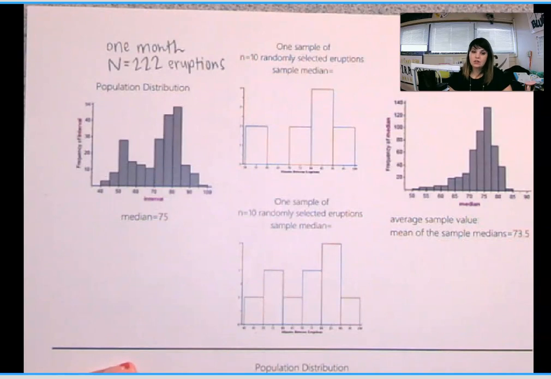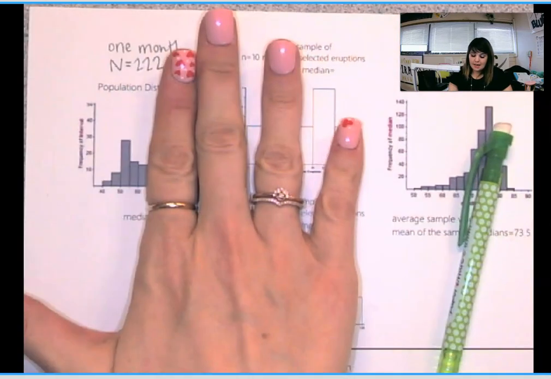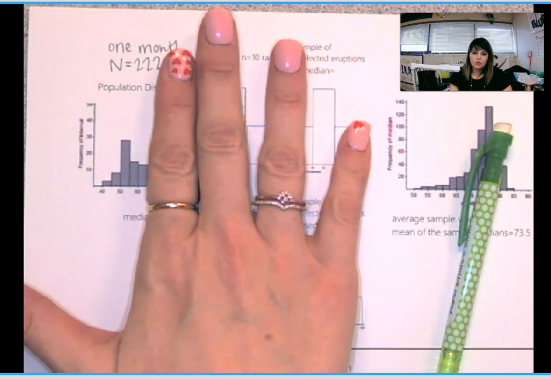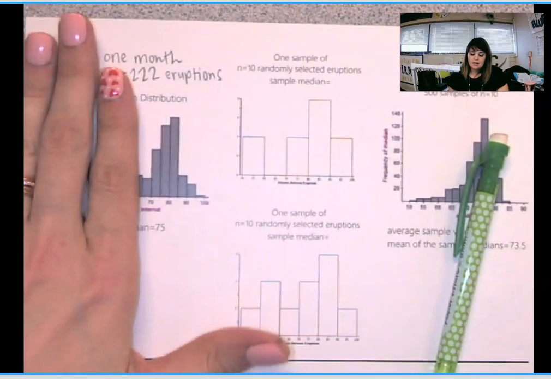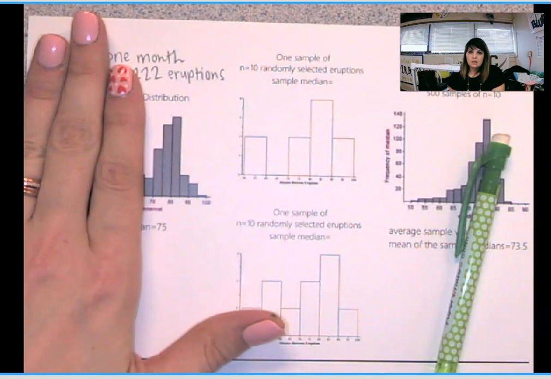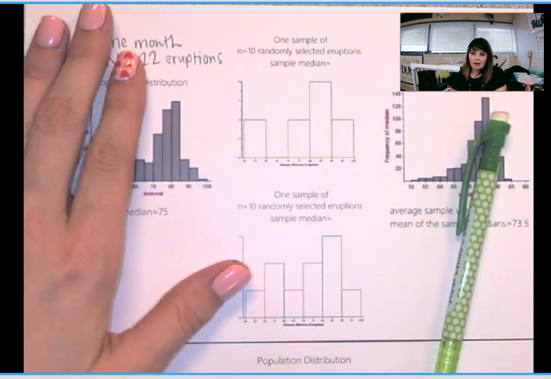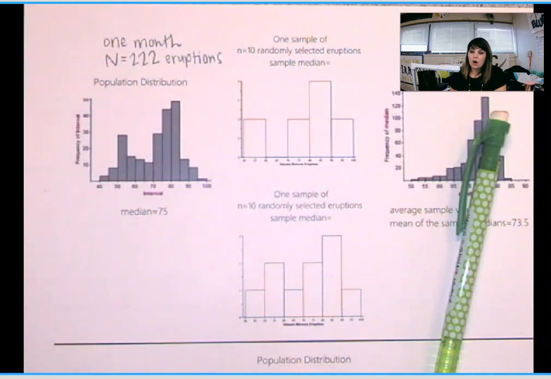Well, this histogram is definitely not symmetric, definitely not normal. In fact, it's bimodal, and it kind of looks like two separate distributions. On the left, we got this one, and on the right, we got this one. So we wouldn't want to know the average of this histogram, because the average would not give us the best information about the eruptions.